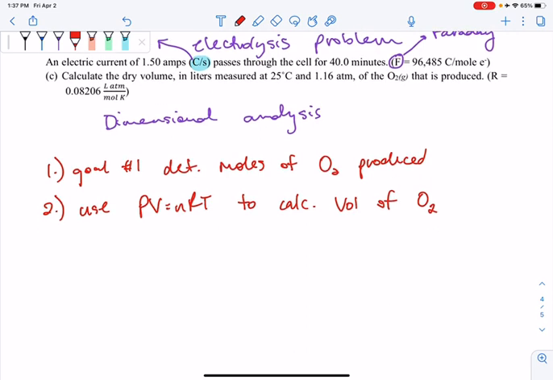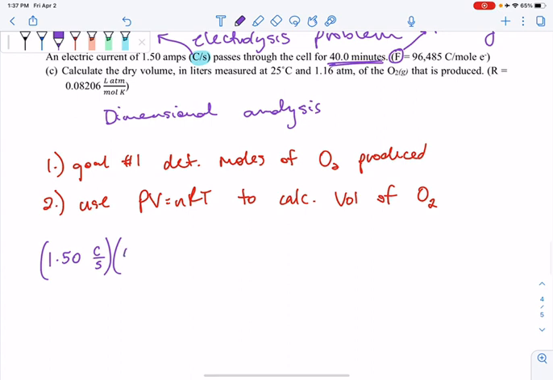So let's start with goal number 1, calculating the moles of oxygen. I think it's good to always start with the current. So we have 1.5 amps, which is coulomb per second. Now, where in the question do they give you another time variable? They give you 40 minutes. Minutes and seconds don't cancel out, so we need to convert minutes to seconds.